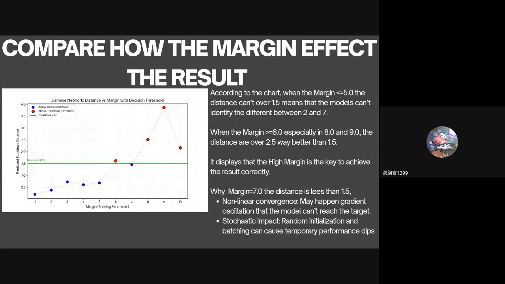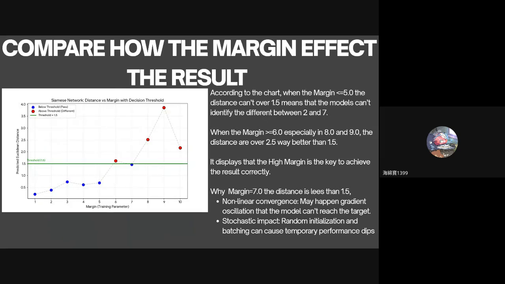And here's the exception at margin 7. Although it's greater than 6, the distance is still less than 1.5. Why? Here are some reasons. Because model training converges nonlinearly, gradient oscillation may happen and cause the model to miss our target.